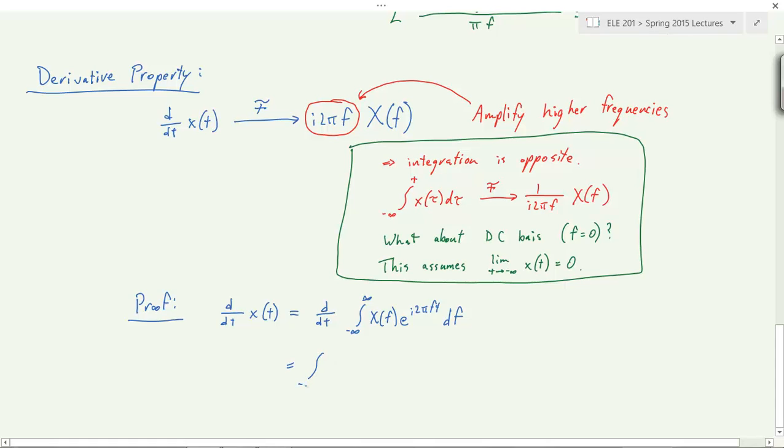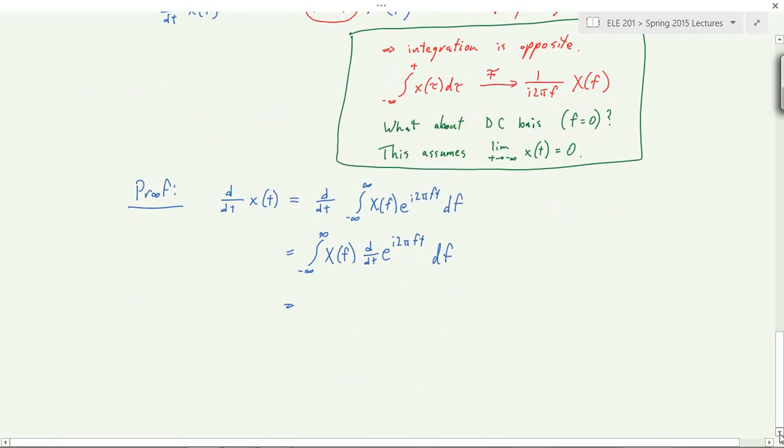So it's an integral, and we'll even take out x of f because that's constant with respect to t. The derivative does not affect that part. It's the derivative of the only part that depends on t, and that's a simple function to take a derivative of. So we just get an i 2 pi f. Let me put that in brackets.